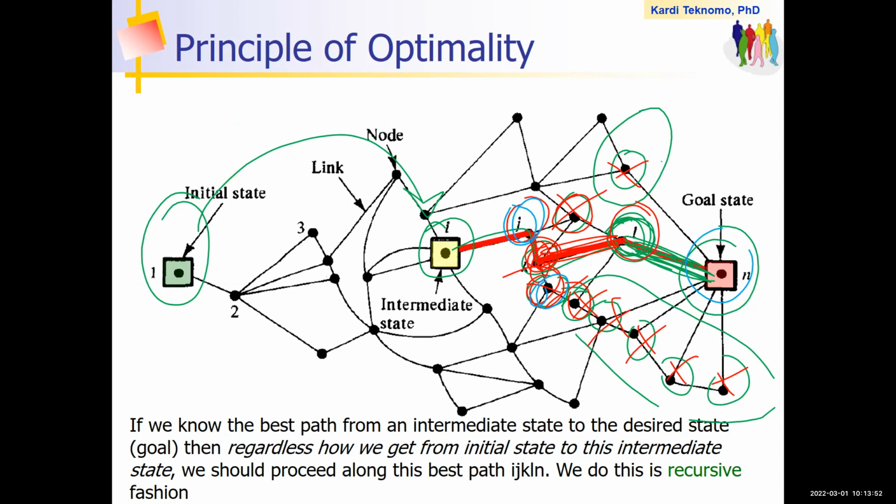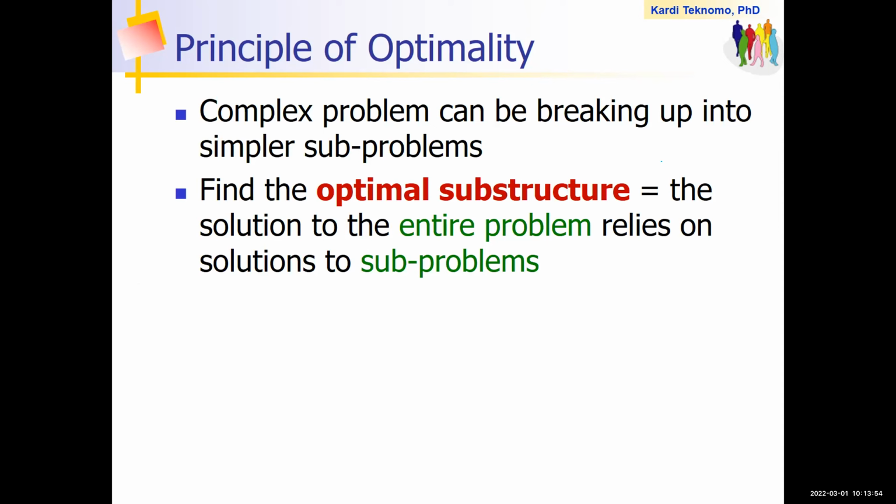Okay, so by doing so, we can break up a very complex problem into simpler subproblems. Okay, so basically the idea of dynamic programming is to find the optimal substructure. Okay? So the solution to the entire problem will rely on the solution of the subproblems. So this is divide and conquer, right?